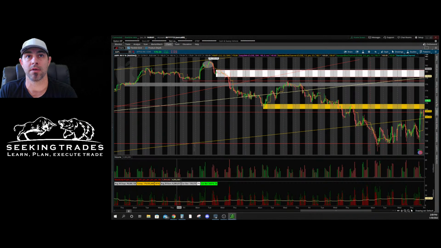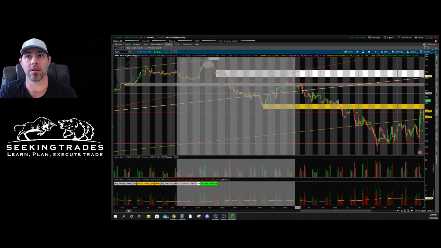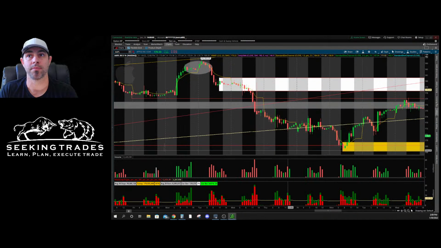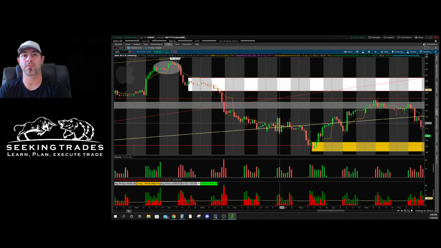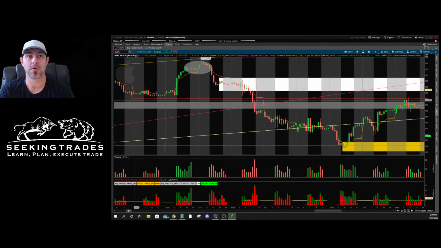Okay, I'm gonna zoom in here again. All right. So over here, we drew in our little line. This is our little support line after we drew in this stuff and it cracked below and everything.